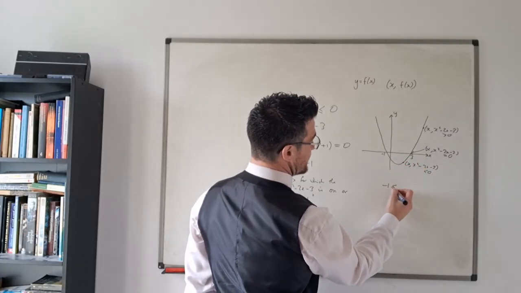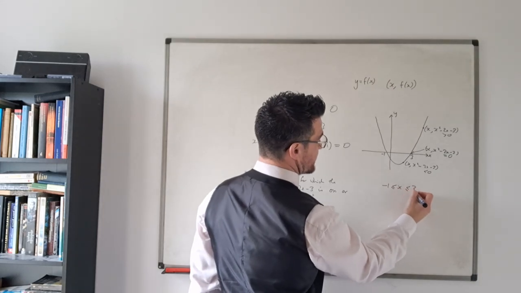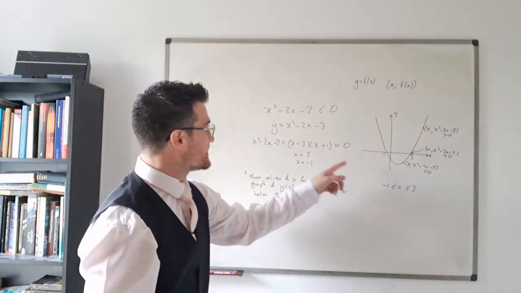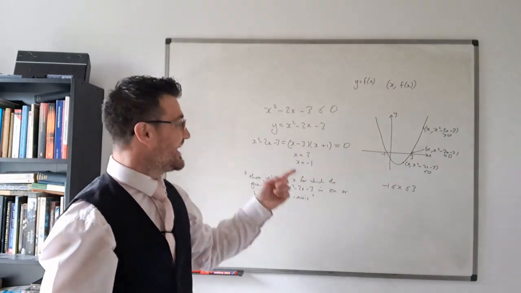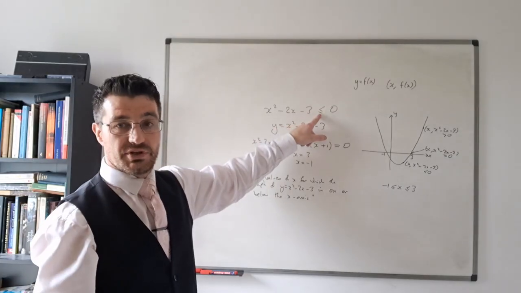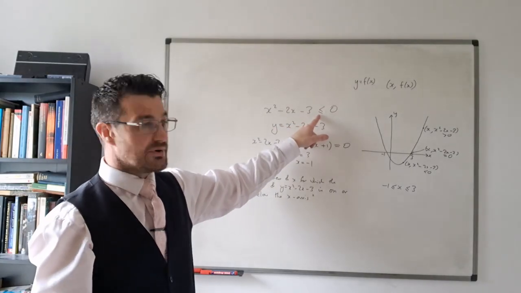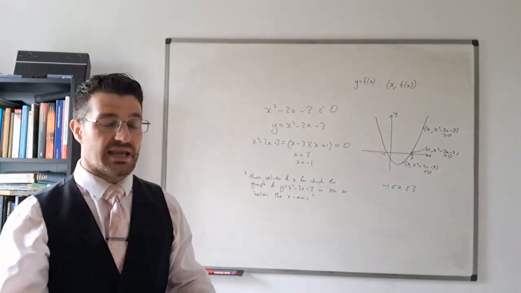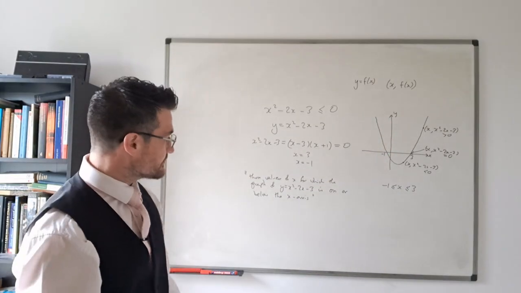So minus 1 is less than or equal to x is less than or equal to 3. Easy. Okay. So not only do I get the solution to this quadratic inequality, but basically any other quadratic, whatever inequality symbol you put in here, you can read off the solution from this diagram. So you're getting all this extra information.